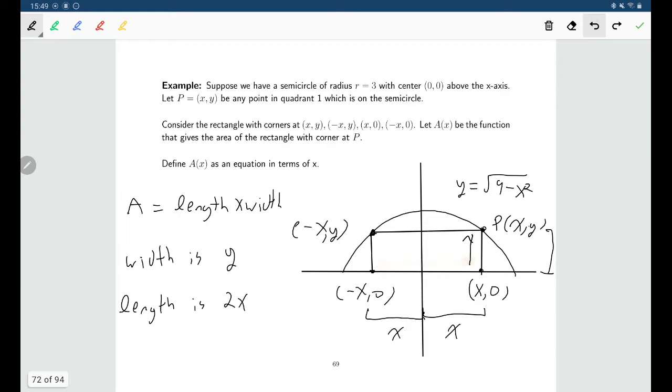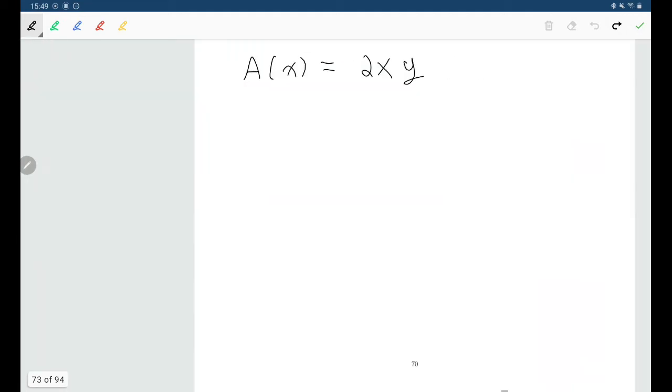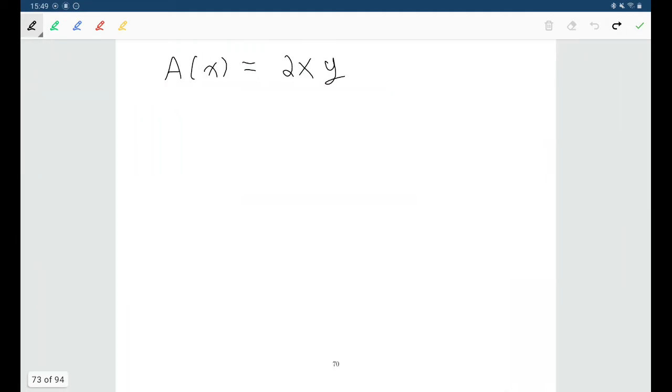The other part, of course, is since we're creating area as a function of x, we need to make sure that what we have is strictly in terms of x. And here I've got x's and y's together. This is where I remind myself on the side that since x and y are coordinates of a point on the semicircle, I know that the y value is related to the x value by that equation.